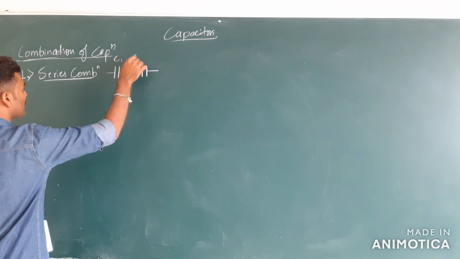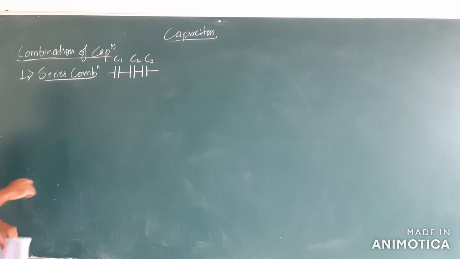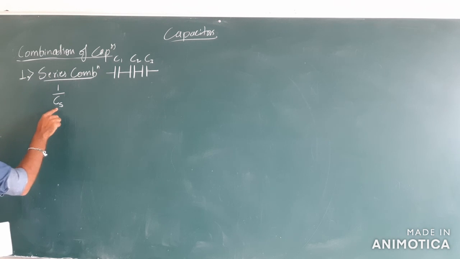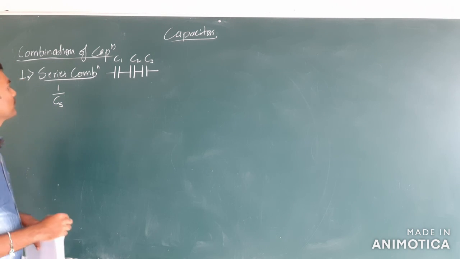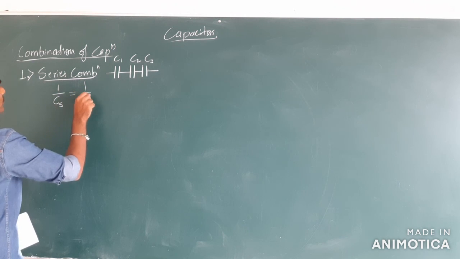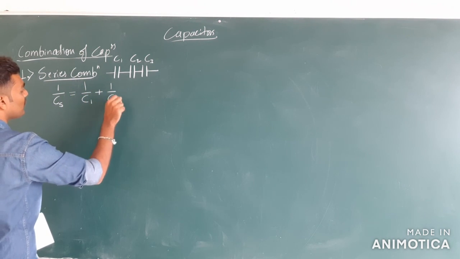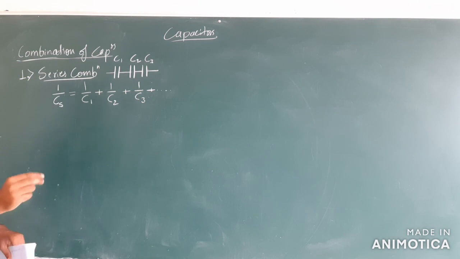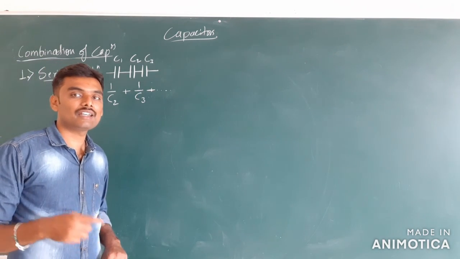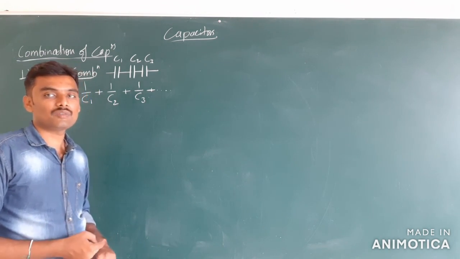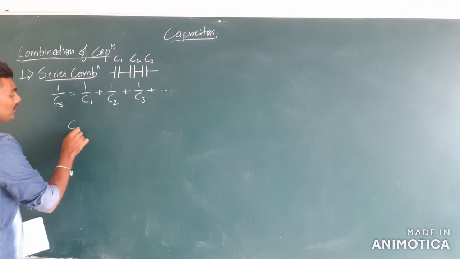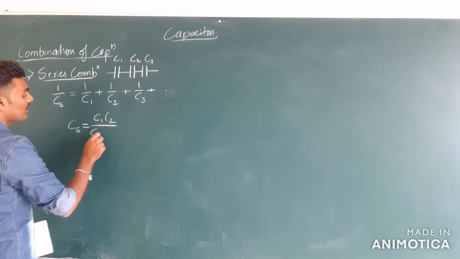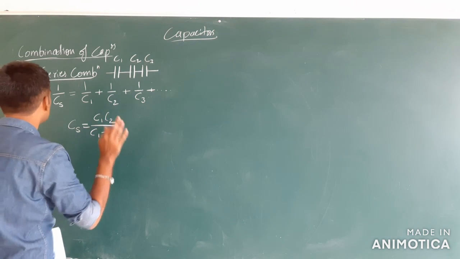If the capacitors have capacitances C1, C2 and C3, then 1 by Cs, where Cs is the equivalent or effective capacitance, is equal to 1 by C1 plus 1 by C2 plus 1 by C3 and so on. If you have only two capacitors, then you can directly take Cs is equal to C1 C2 by C1 plus C2.